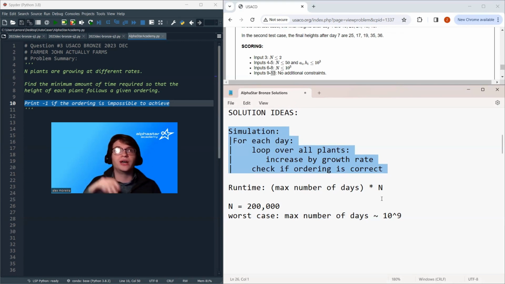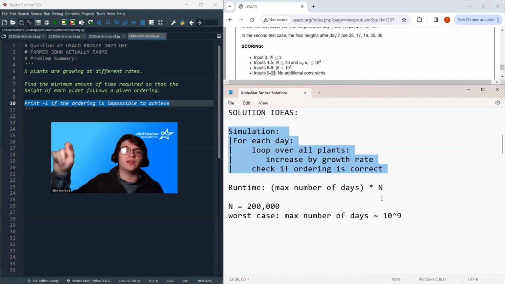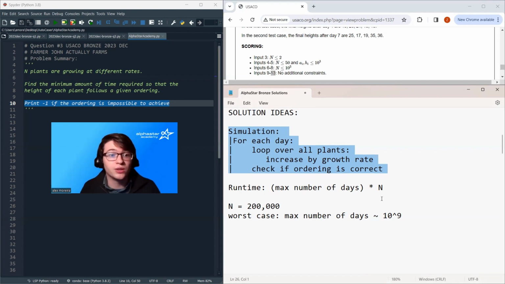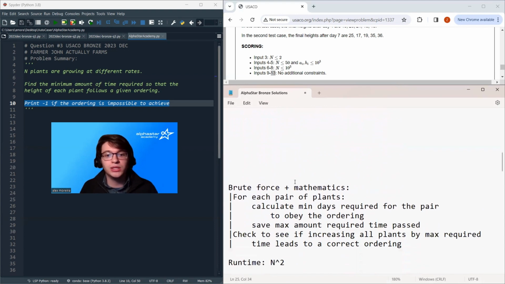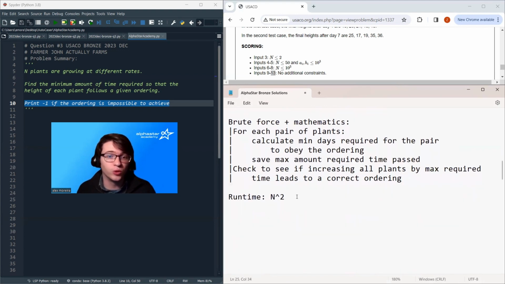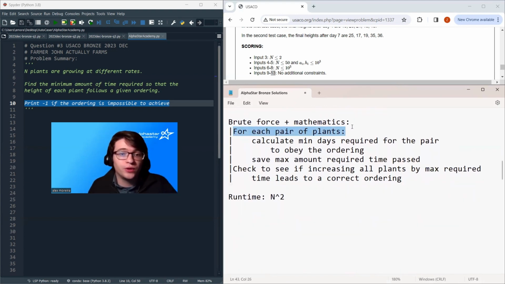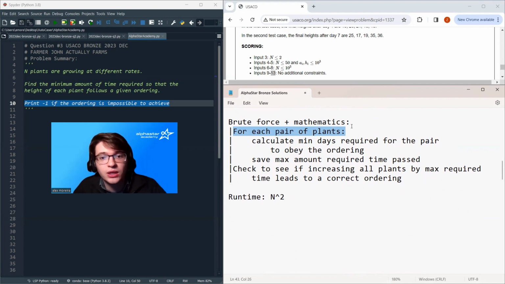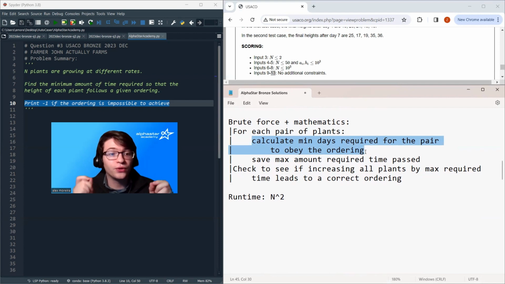So we find the first value of t where the ordering's obeyed, and maybe there's a math formula that we could work out that skips this simulation step where you have to go day by day. And this would lead us to a brute force solution where for each pair of plants, we calculate the minimum number of days required for that particular pair to obey the ordering, right?